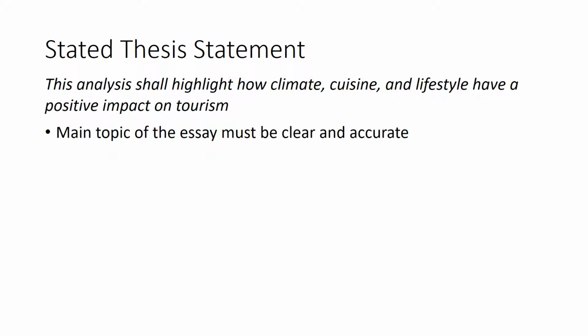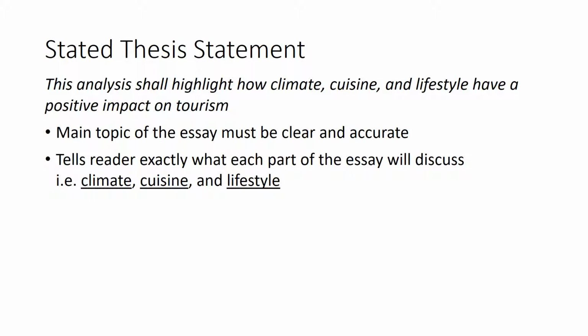The main topic: how climate, cuisine, and lifestyle have a positive impact on tourism. Okay. The stated thesis statement tells the reader exactly what each part of the essay will discuss. In this case, we're going to discuss climate, cuisine, lifestyle, and of course the relation to having a positive impact on tourism.